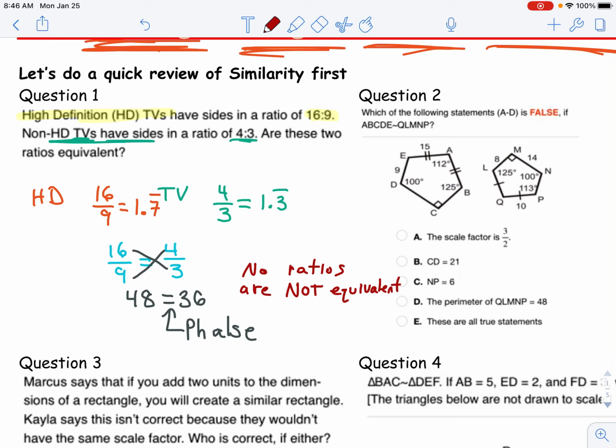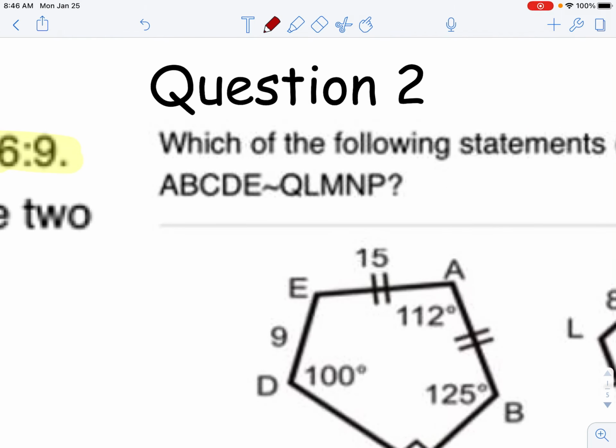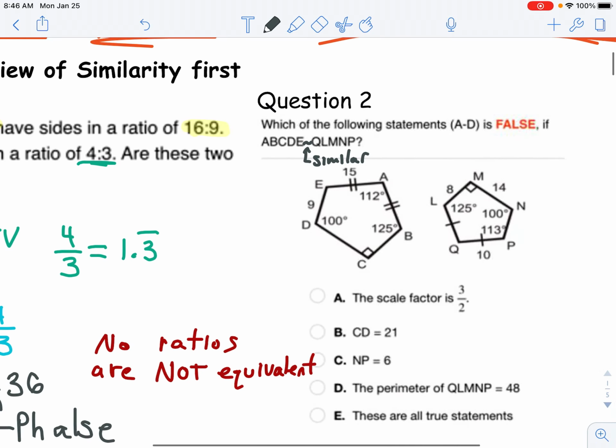But nonetheless, let's progress. Question 2, which of the following statements A through D is false if the pentagon ABCDE is similar to the other one? Let's review this really quick. This squiggly line means similar. And remember, similarity statements are powerful just like congruency statements. So the scale factor is 3:2. Let's match up some corresponding parts.